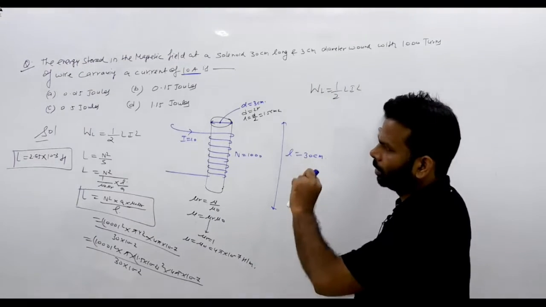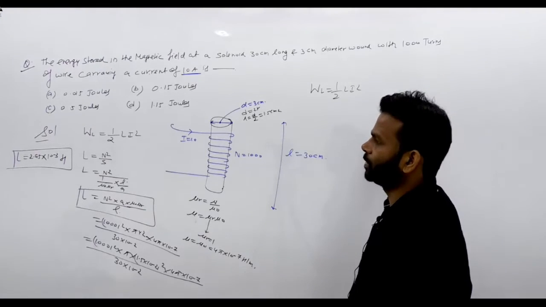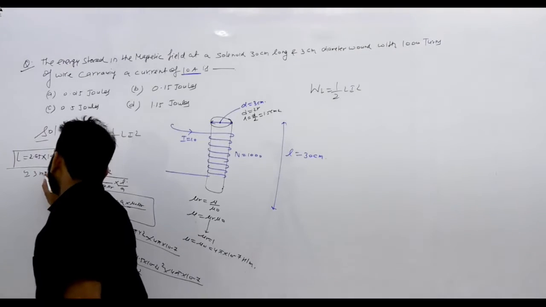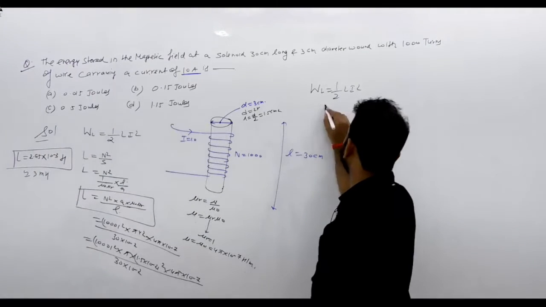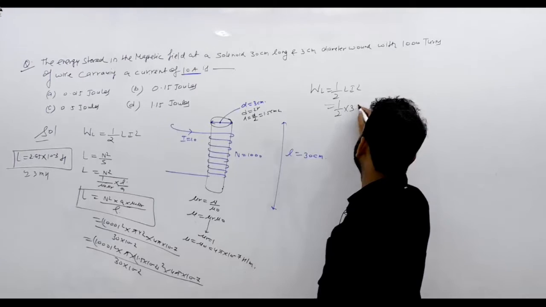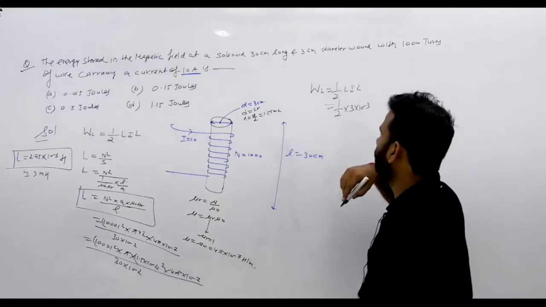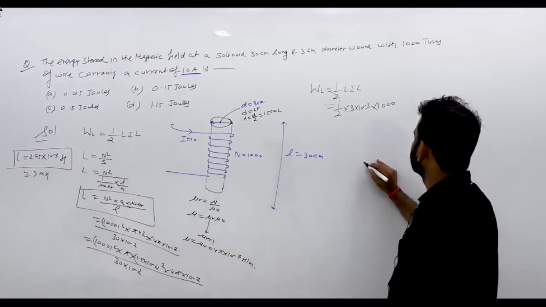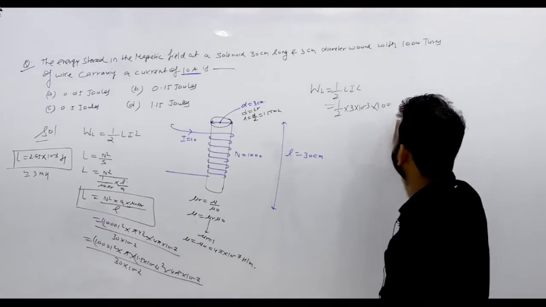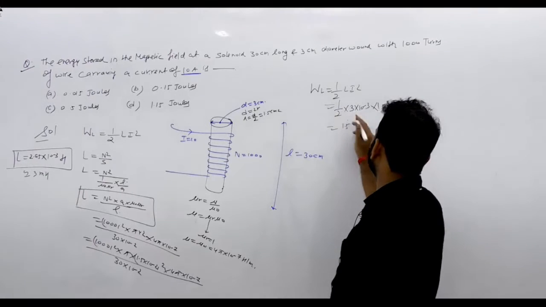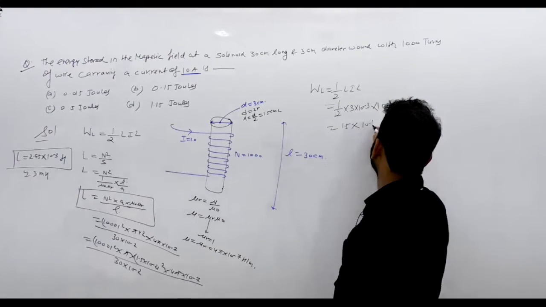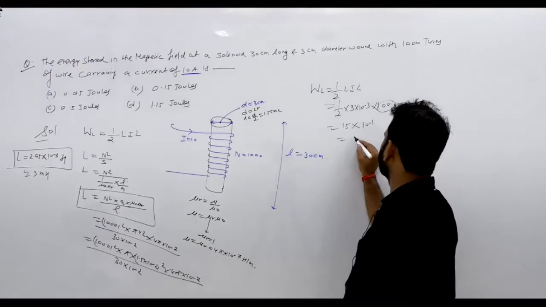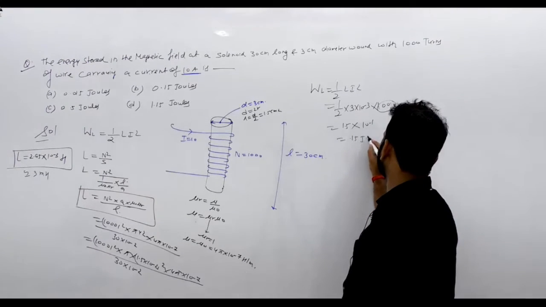I just take approximately 3 millihenry, as an approximation. So half into 3 into 10 to the power minus 3 Henry, and I is 10, so i square is 100. So we get 1.5 into 10 to the power minus 1, because the power of 2 is eliminated, so it is 0.15 joule.